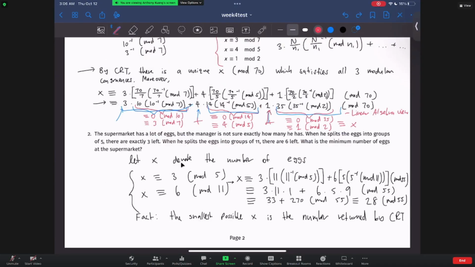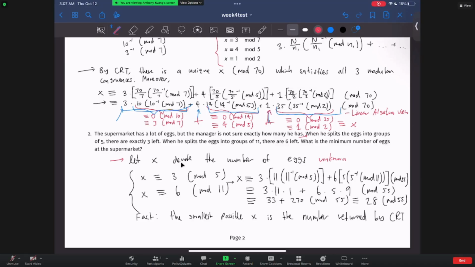Now we're going to talk about number 2, which is under the premise that a supermarket has a lot of eggs, but the manager is not sure exactly how many he has. So let's first let x denote the number of eggs, which is currently unknown. And the manager notices that when he splits the eggs into groups of 5, there are exactly 3 left.